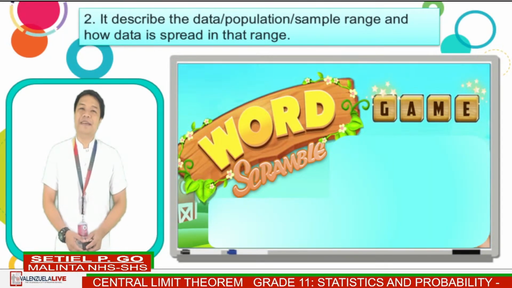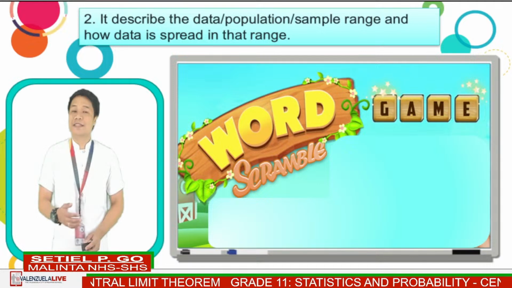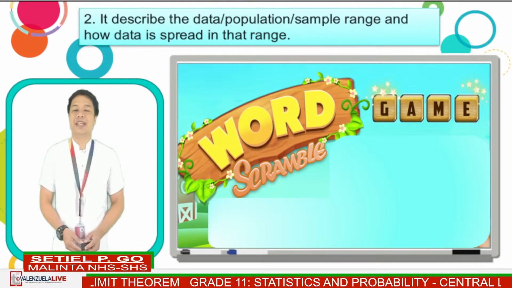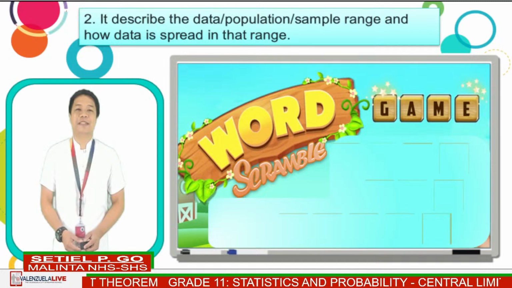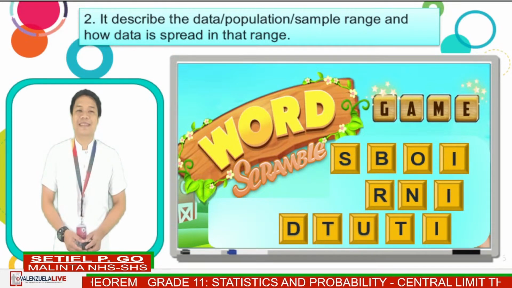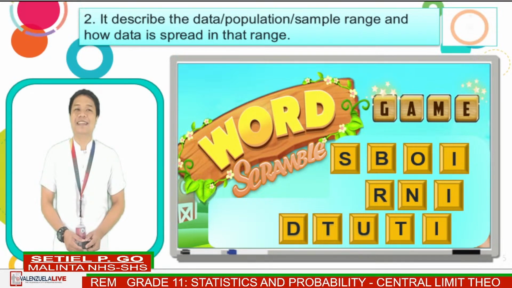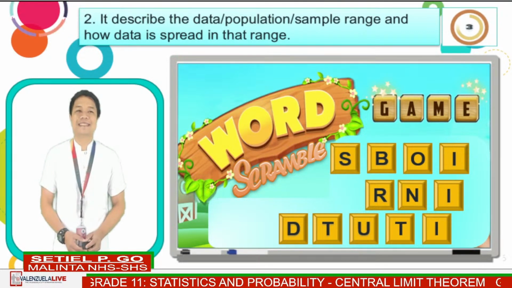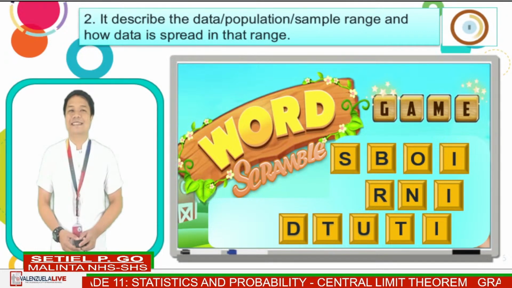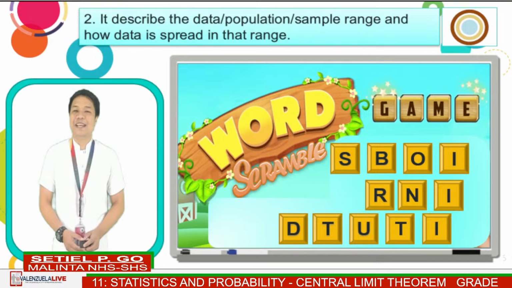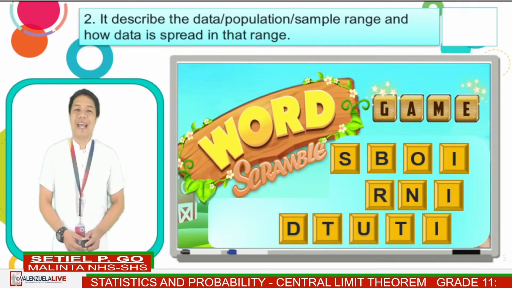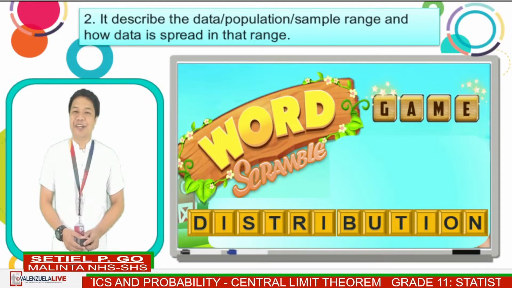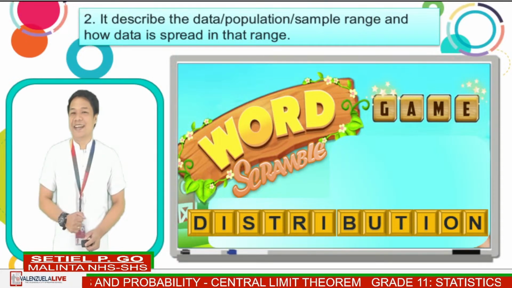It describes the data, population, sample range, and how data is spread in that range. These are the letters. Okay, so 5 seconds. Go! Time's up. If your answer is distribution, then you are correct.